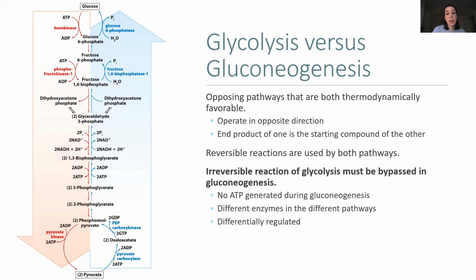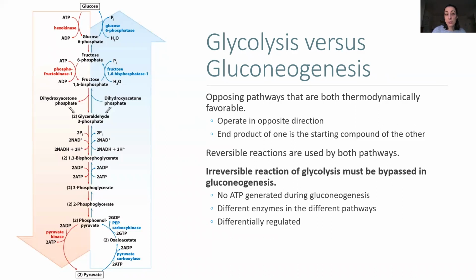These pathways are opposing, but both thermodynamically favorable. So either direction is thermodynamically favorable. And of course, the end product of one is the starting product of the other. So they are complete opposites of each other in that sense. They, however, do have some differences.